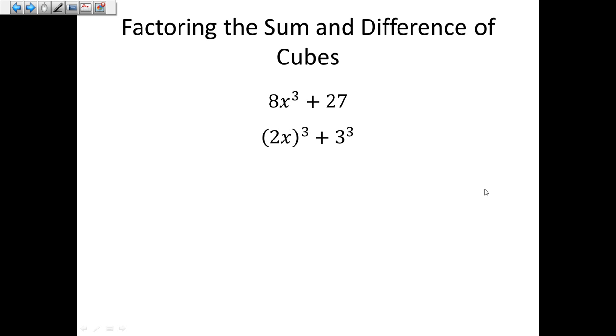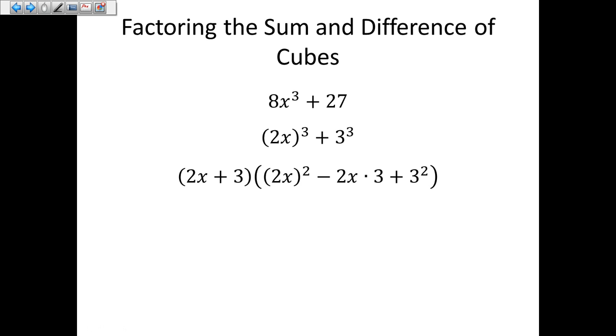Now, it's not going to be real obvious probably to you right away, but this number in front of the x cubed needs to be part of that term that's getting cubed. So 2 cubed gives me this 8. So I need to write it like this, and 3 cubed is my 27, so I want to write it like this as well to make it easier to plug in. So I applied the appropriate equation.